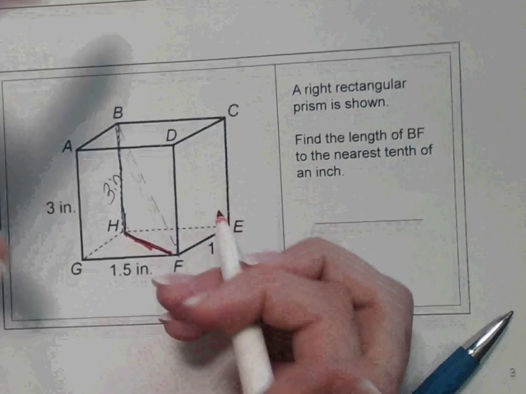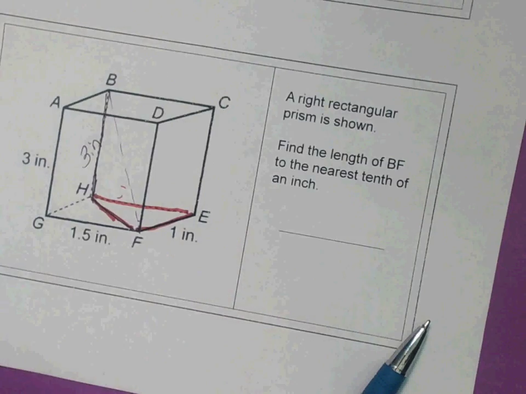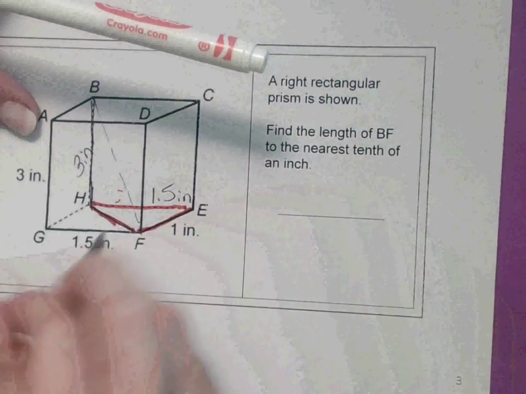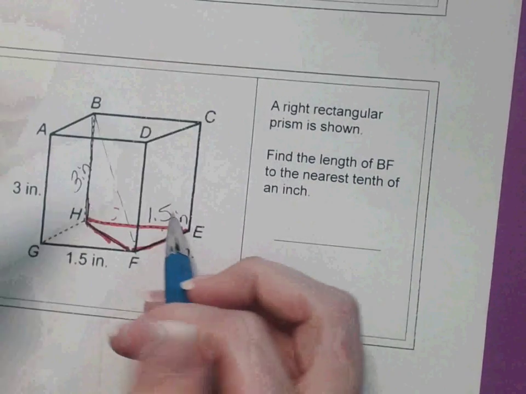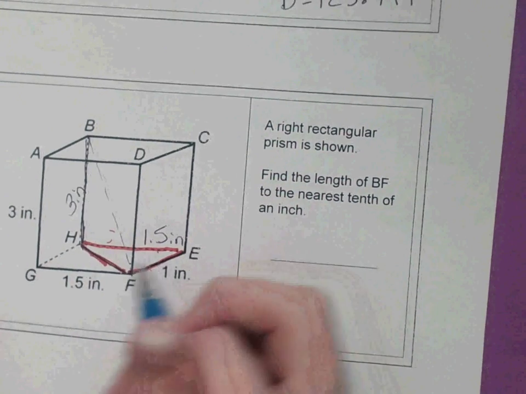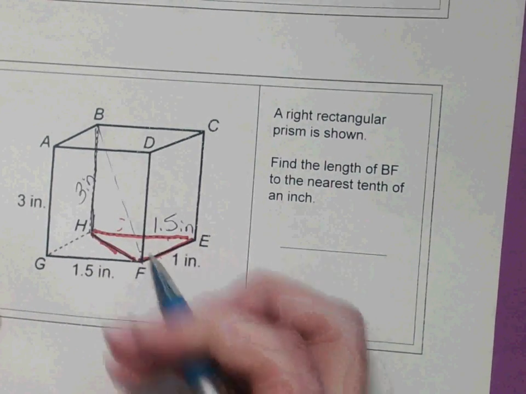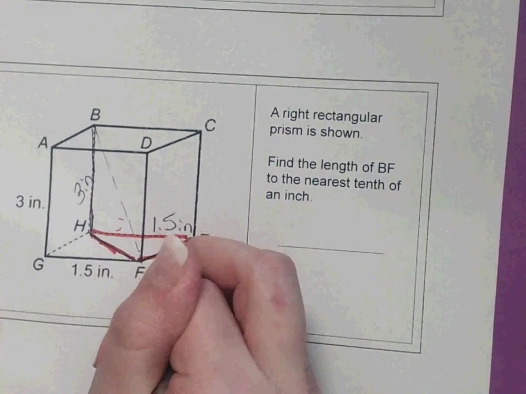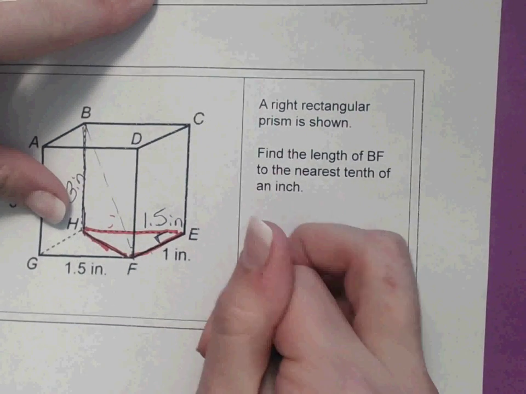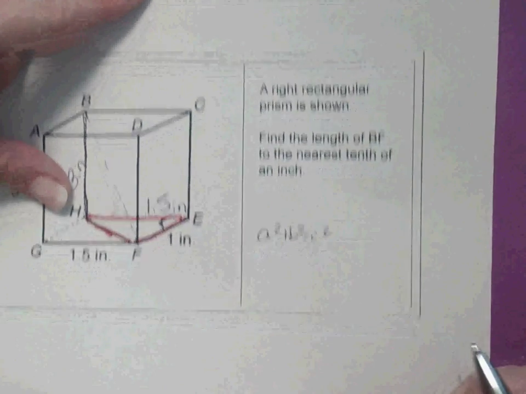So I'm going to use this triangle. I know this back length is 1.5. I've got my hypotenuse, I've got my leg, and I've got my other leg, because even though it does not look like it, this is a right angle. So I'm going to say a squared plus b squared equals c squared.